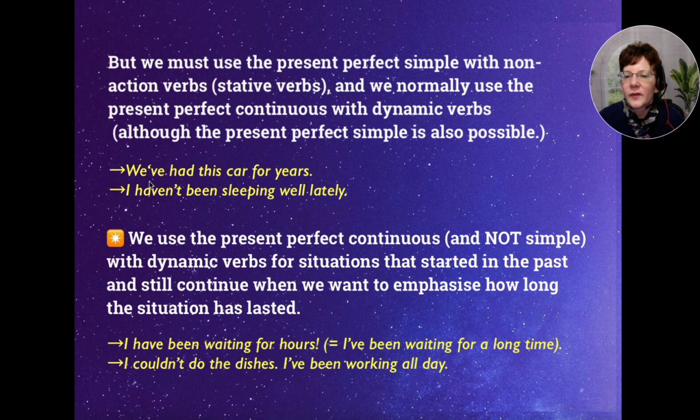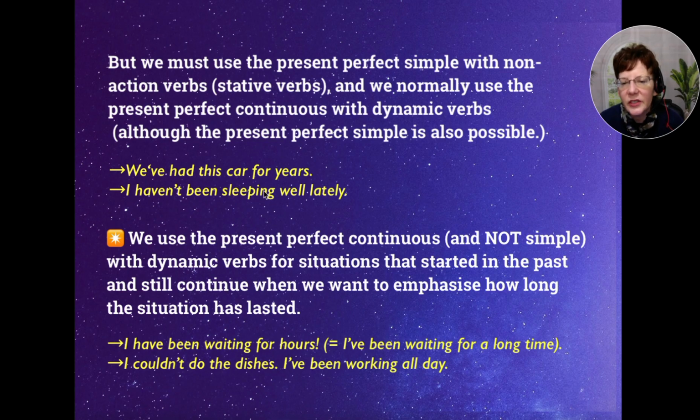So, for example, we have had this car for years. Have here is a stative verb, non-action. And then this one, I haven't been sleeping well lately. So this one here, we know it's the continuous form.